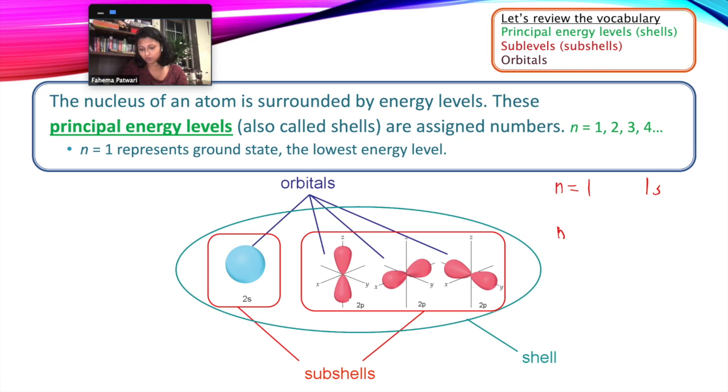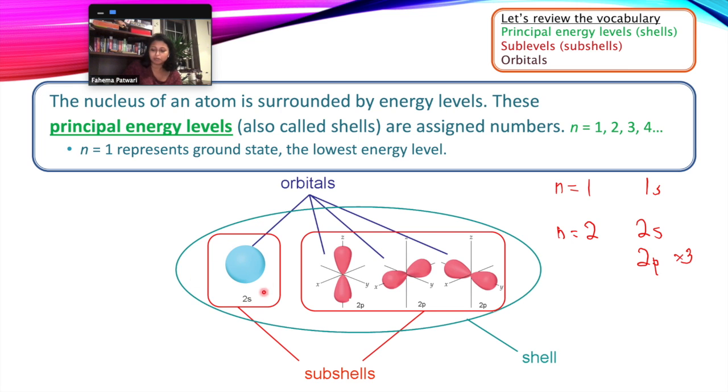In n equals 2, that's the energy level, there's 2s, and there's the 2p orbitals. So there's 3 of them, right? We can see them right here. So this over here is the whole energy level, which inside it contains subshells or sublevels. So 2s is a sublevel which has 1 orbital in it.